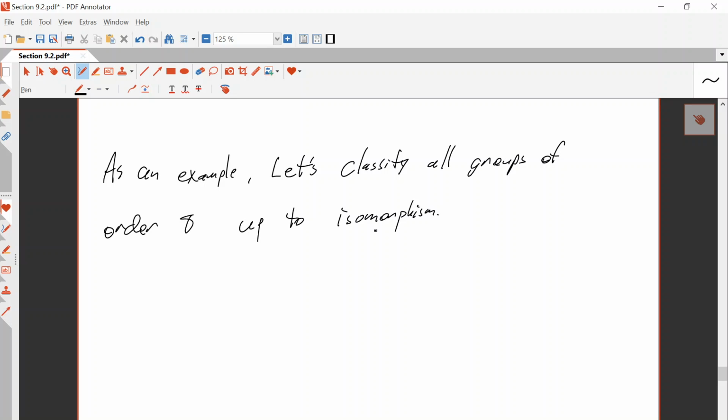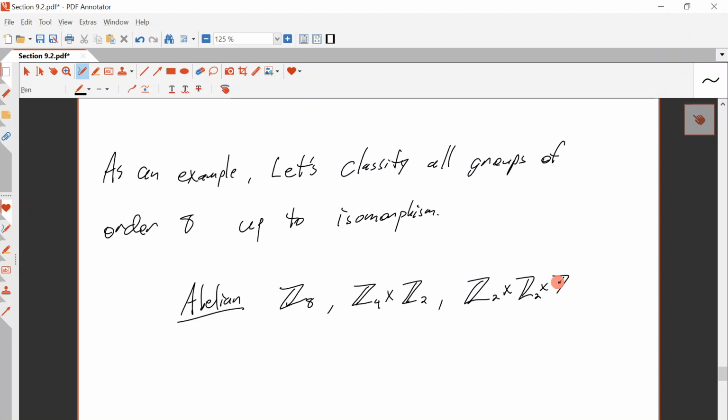2 non-abelian, 3 abelian. The abelian ones, right, there's Z8, cyclic subgroup of order 8, right? But the other products of cyclic subgroups of order 8 are all the other. Oops, Z4 times Z2, this has order 4 times 2, which is 8.